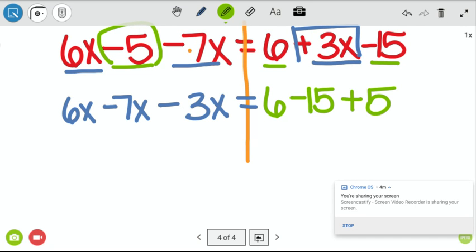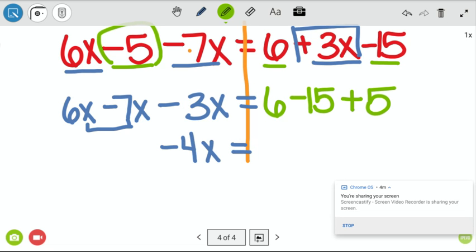Now at this point, you can use a calculator, or you can do it by hand, working left to right. So on the left-hand side, let's combine our x terms. 6 minus 7 gives me negative 1. Then minus 3 would give me negative 4x. Now on the right-hand side, we have 6 minus 15, which would be a negative 9.